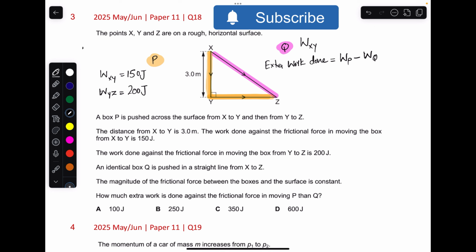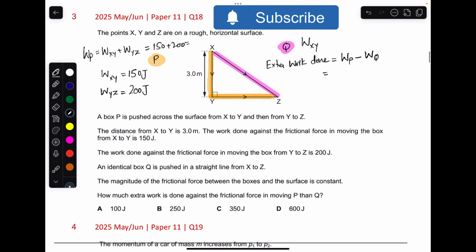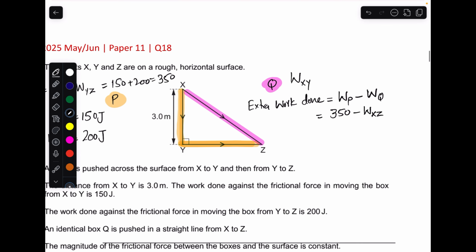So the work for P is simply work from x to y plus work from y to z. That will give you 150 plus 200, which is 350. And work for Q is work from x to z. So this is the main concern: we have to find work from x to z.